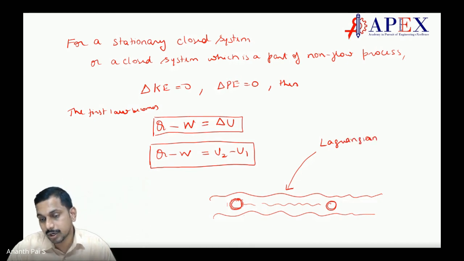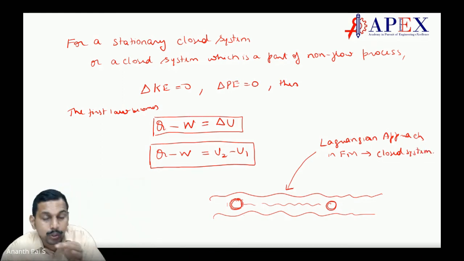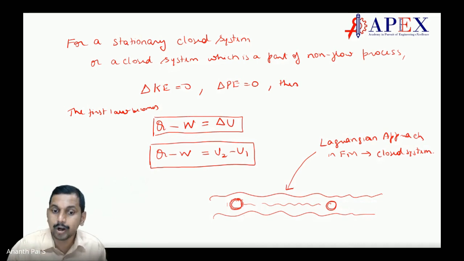See, there is nothing called fluid mechanics and thermodynamics as different; it is the same. So it's the Lagrangian approach in both cases. Lagrangian approach is related to closed system in thermodynamics. In the Lagrangian approach, we see fluid particles moving, or you can say closed system.